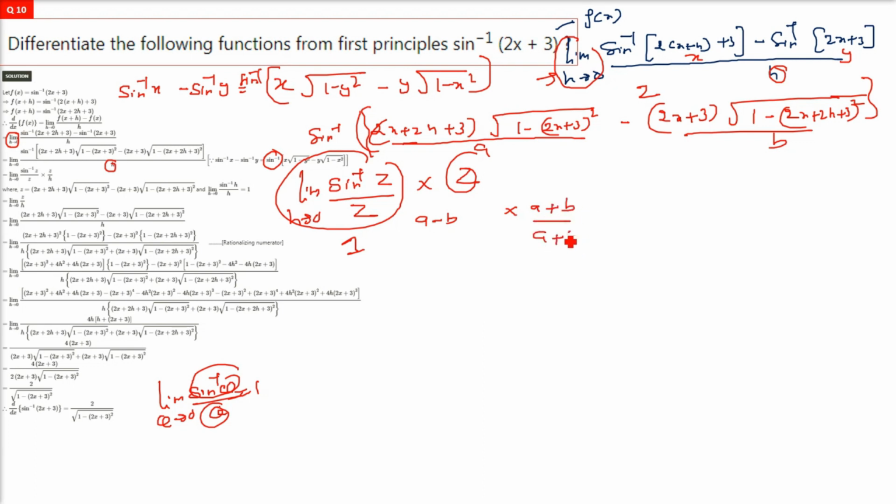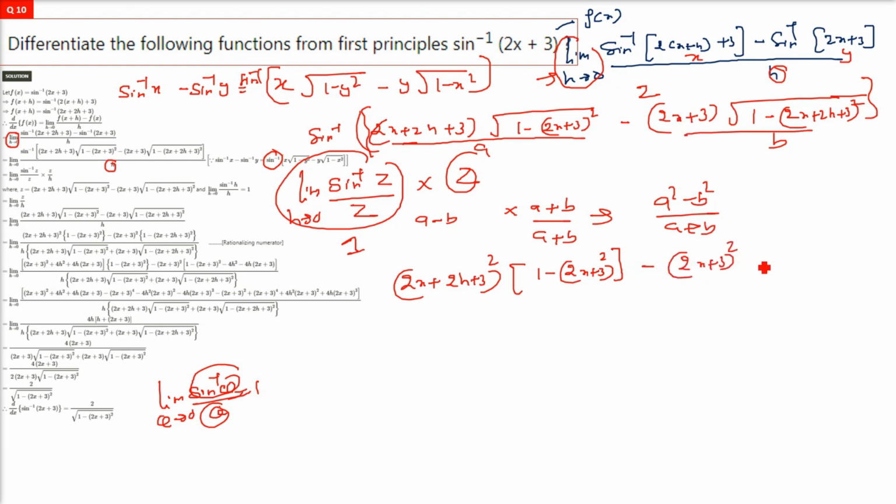The numerator will give you a square minus b square, and the denominator will give you a plus b. So this whole term I am squaring: 2x plus 2h plus 3 whole square, and the root of this will be gone, so it will be 1 minus 2x plus 3 whole square. Then you have a subtraction and b square, so 2x plus 3 whole square, and the under root will vanish.